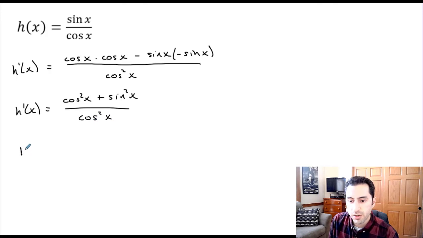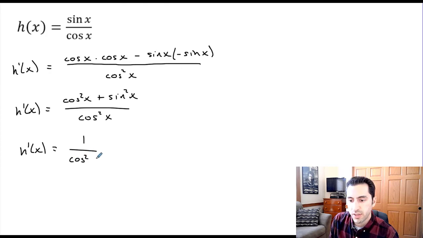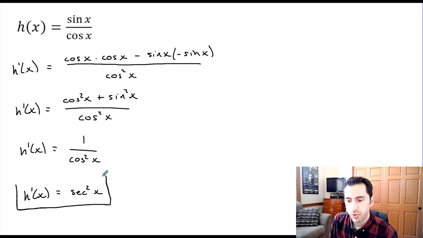In the numerator, I hope that looks familiar because that is the Pythagorean identity. So sine squared plus cosine squared is equal to 1. So we have 1 over the cosine squared of x. And 1 over cosine squared is equivalent to the secant squared of x. So we end up with h prime of x is equal to the secant squared of x.